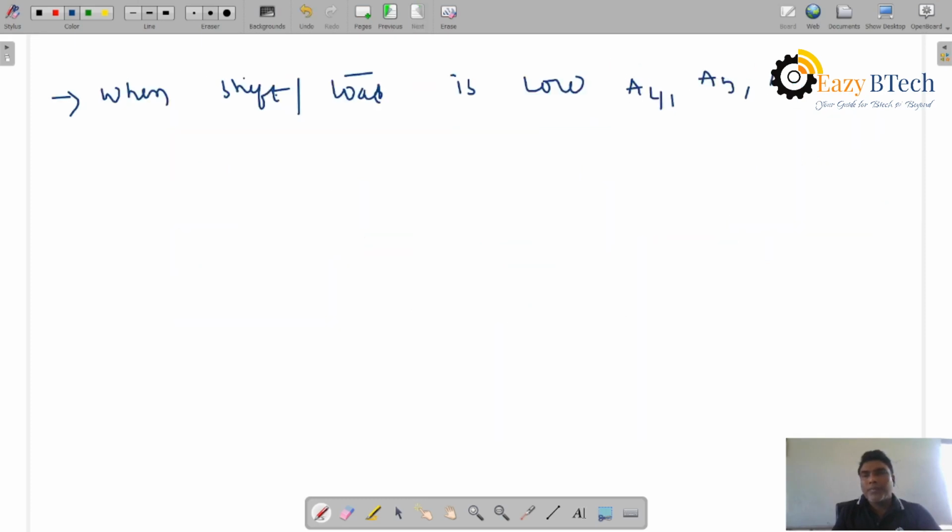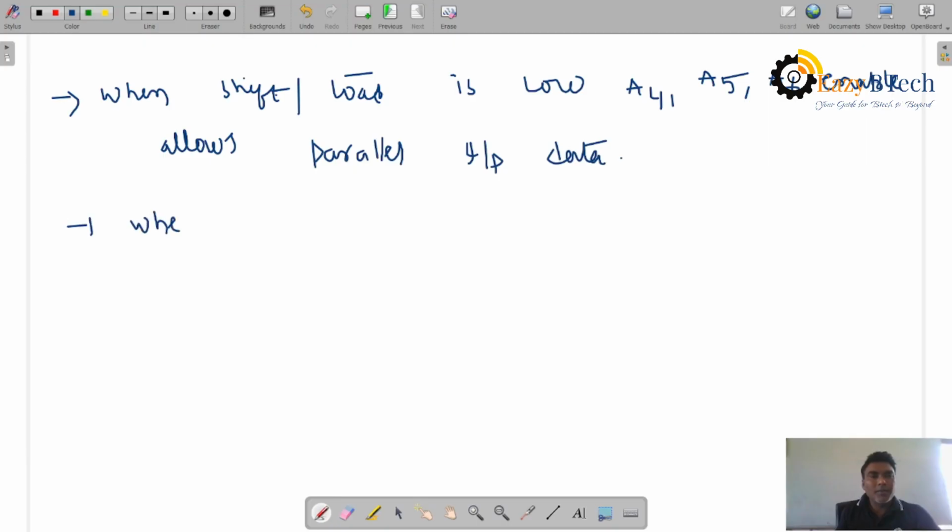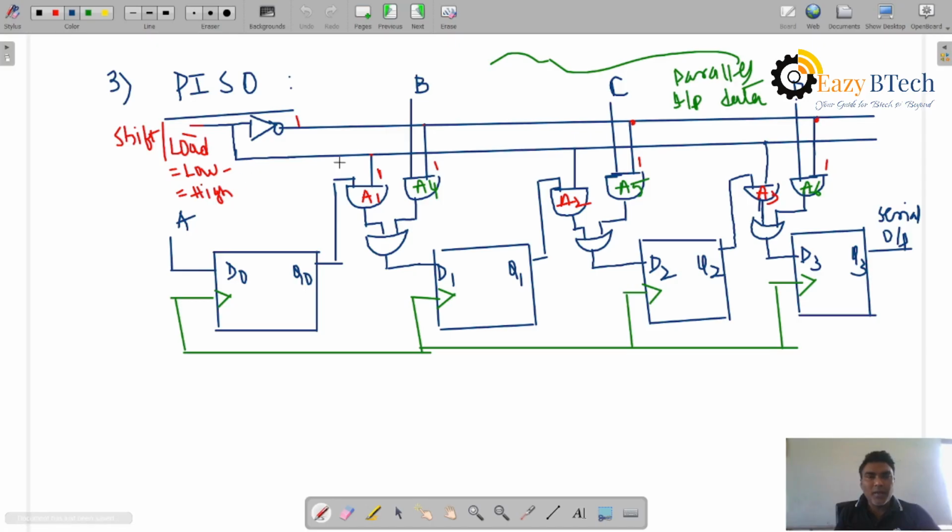A4, A5, A6 are enabled, which allows parallel input data. Now when shift load bar is high, what happens?